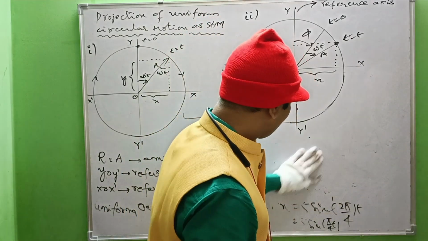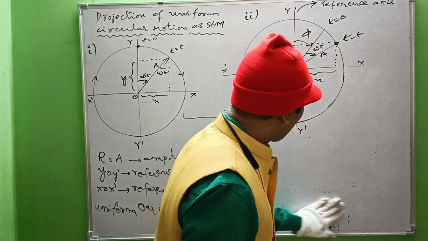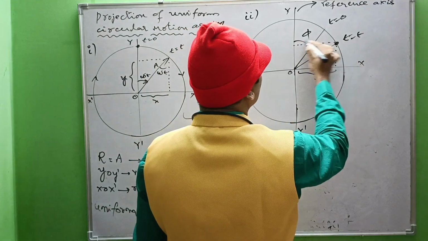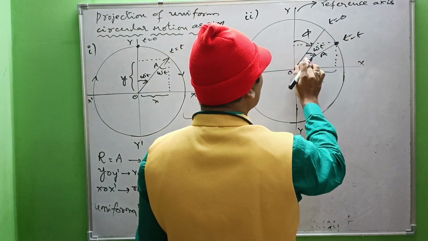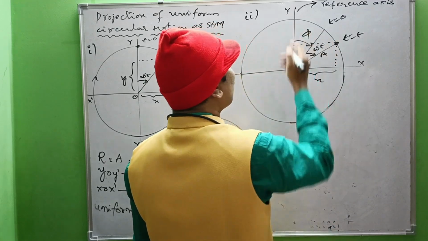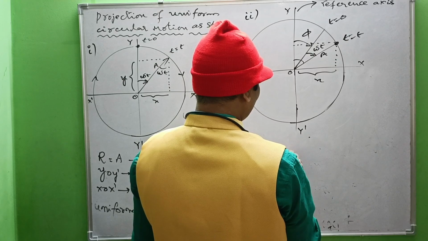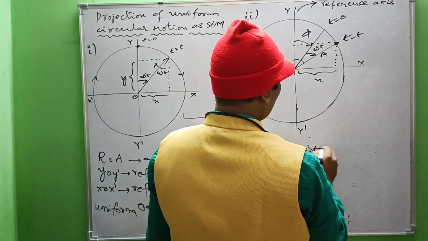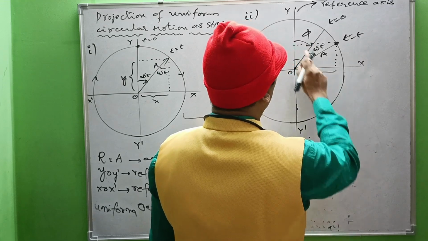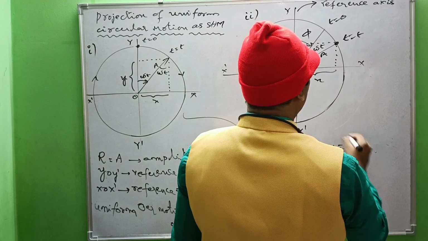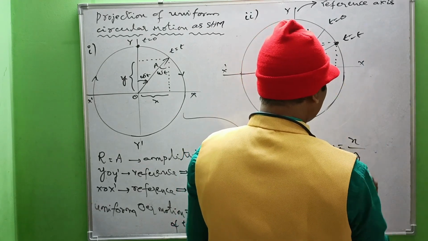So from this right angle triangle, sine, see this right angle triangle. What is the total angle here from here to there? That is pi plus omega t, that is omega t plus pi. So sine of omega t plus pi equal to opposite side by hypotenuse. What is opposite here? X. So x by hypotenuse, which is the amplitude, otherwise radius.